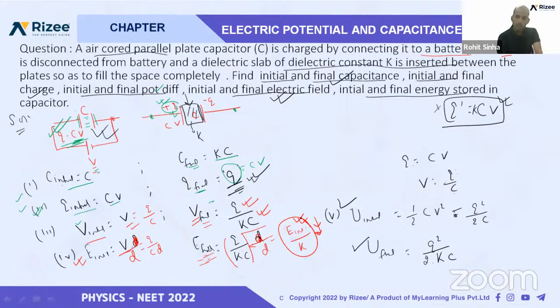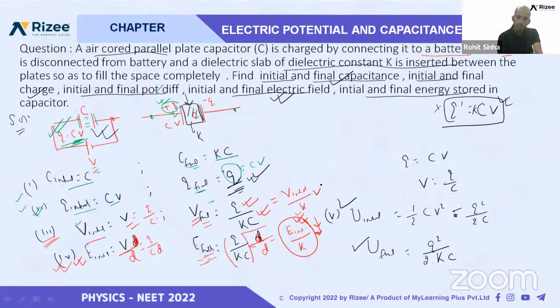You have to compare this with the initial. Electric potential was V is equal to Q by C, and finally it is Q by Kc. That means we can write Q by C as V, so we can write V initial by K.